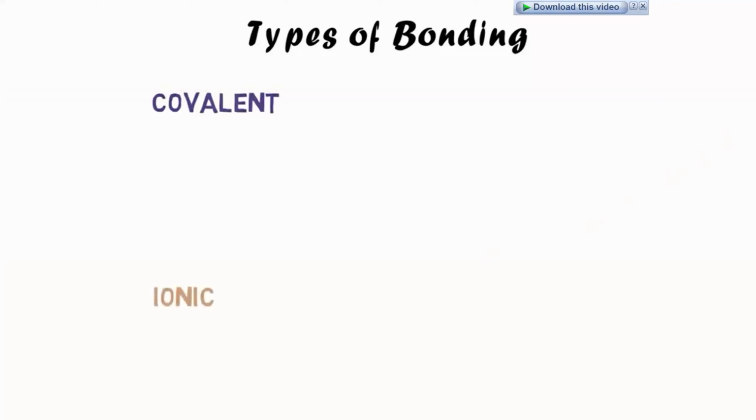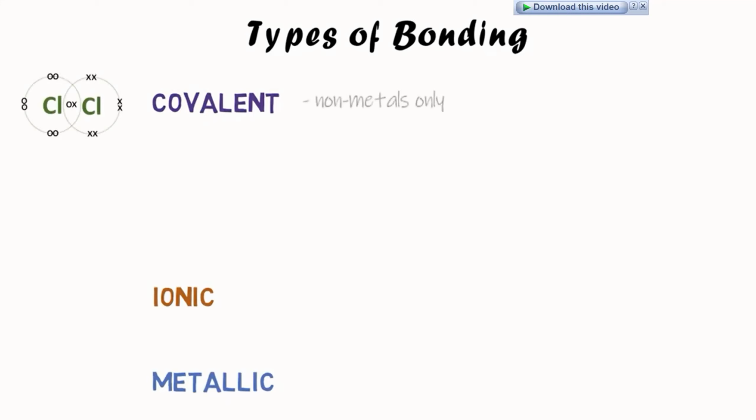The three main types of bonding are covalent bonding, ionic bonding, and metallic bonding. Covalent bonding occurs when atoms share electrons, so their outer shells overlap, and they will share a pair of electrons. This only happens in non-metals, so metals are never involved in covalent bonding.